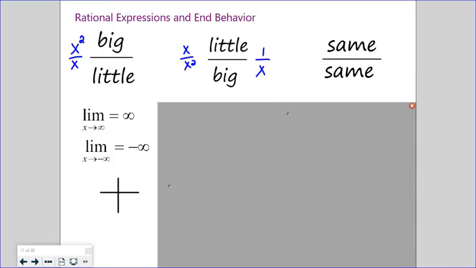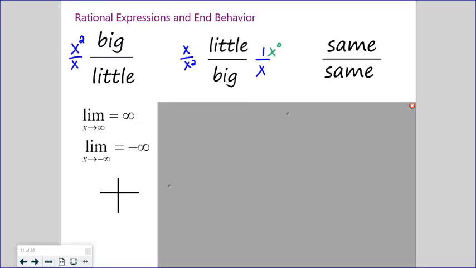So for me to not write an x in the numerator, its exponent would be a 0. Okay? So yes, it could be there. We would never write x to the 0 in our problem, which is why you don't actually see it. But that's why it does get put in the category of little over big, because it's an x to the 0 over an x to the first, and 0 is smaller than 1.